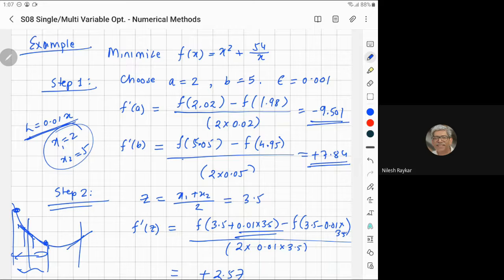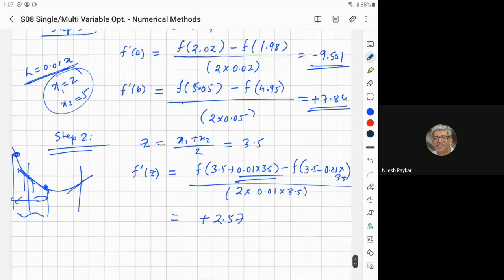So now we have to change the values of x1 and x2. x1 will remain the same. The positive side band you will have to chop off, and x2 will become 3.5.